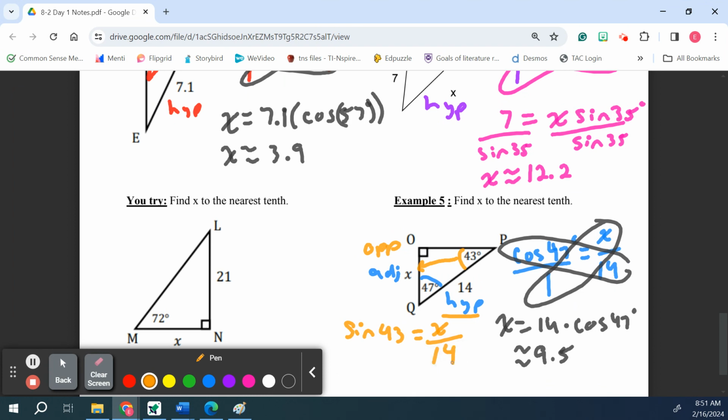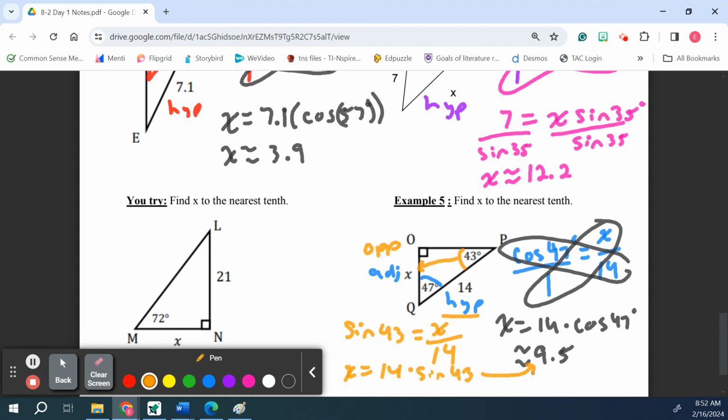No, sine is opposite over hypotenuse. So this leaves us with x equals 14 times the sine of 43 degrees. Someone tell me, what do you get there? 9.5. Yeah.